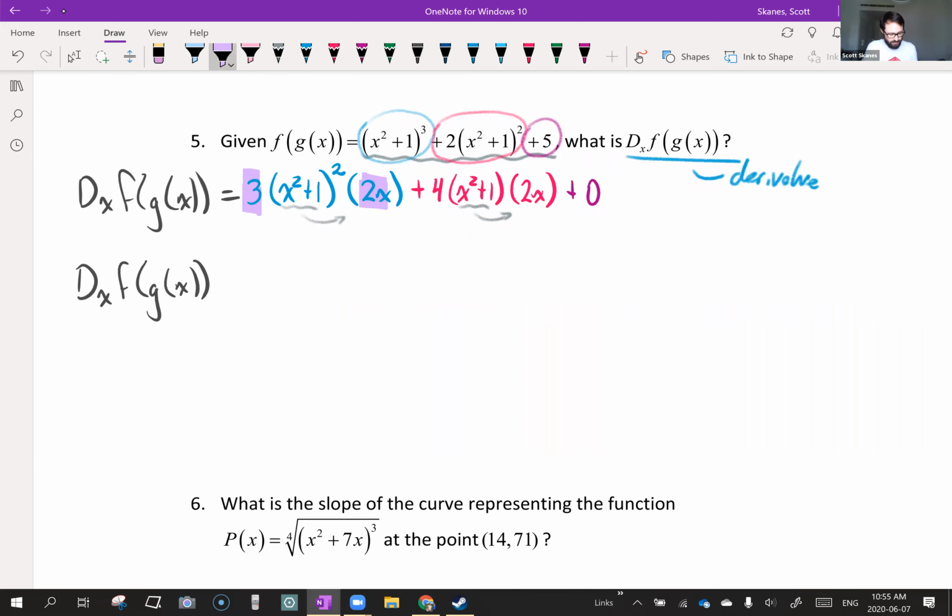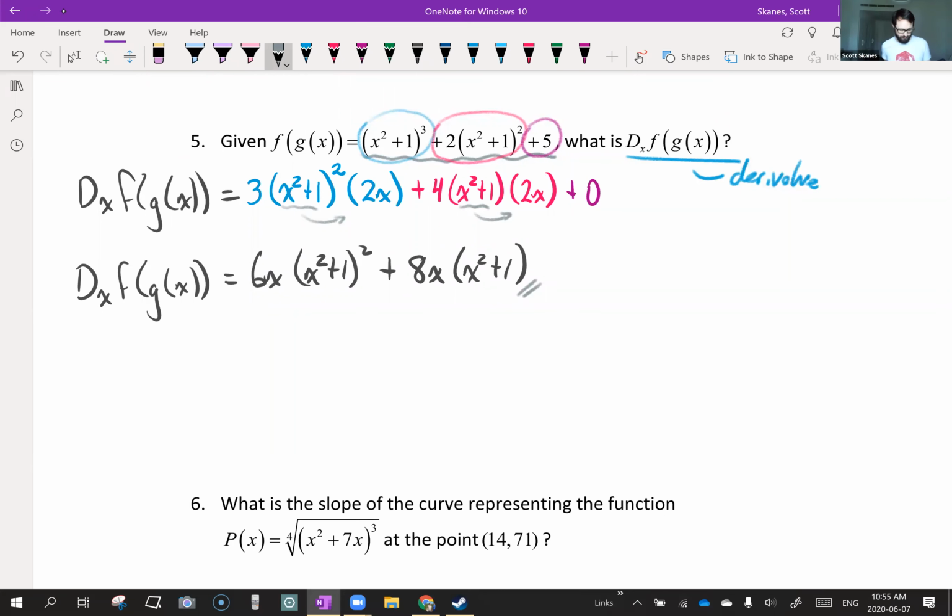That's really easy to simplify. This is a 3 and a 4 and a 2x. That's really easy to simplify. So I'll just simplify it. This is 6x outside of that. And this is 8x outside of this. And there's no need to go any further with that. That will be our final answer.